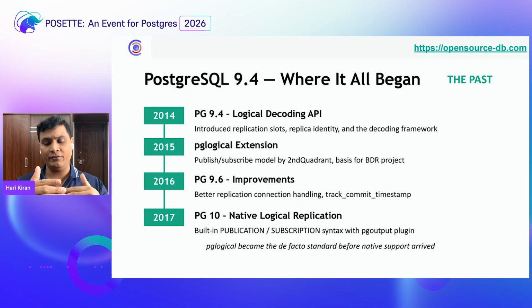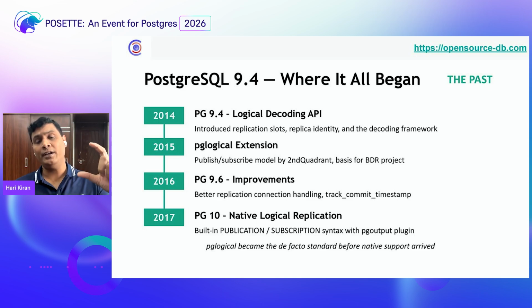And then it built the full publish and subscribe model on top of the 9.4 logical decoding API. It supported row filtering, conflict detection, and was the technical foundation for the entire bidirectional replication, right? The BDR 1.0, which was a completely open source extension we had, right?